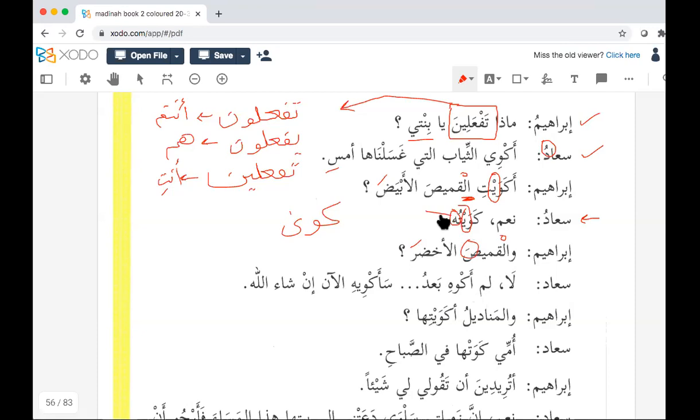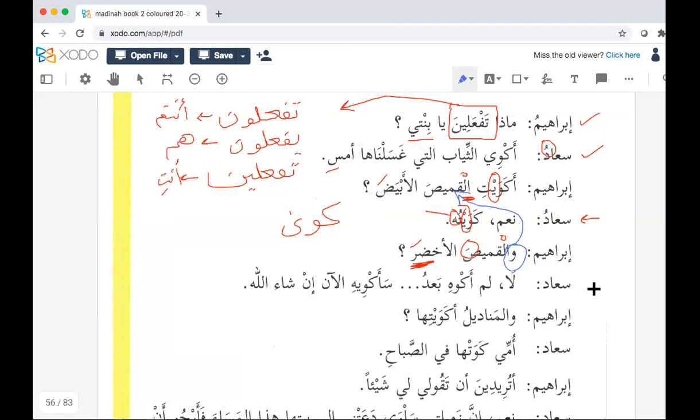Because it follows the ma'tuf, no. That's your answer for al-akhdar, not for al-qamis. Because of waw. Aywa, because this waw is waw al-atf. This is ma'tuf على القميص الأول. أكويت القميص الأبيض وأكويت القميص الأخضر. That's what it actually means. Good?